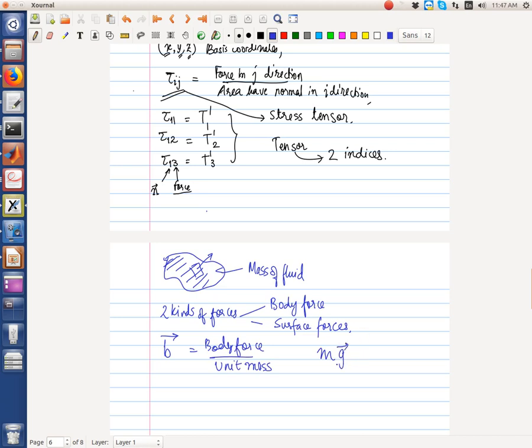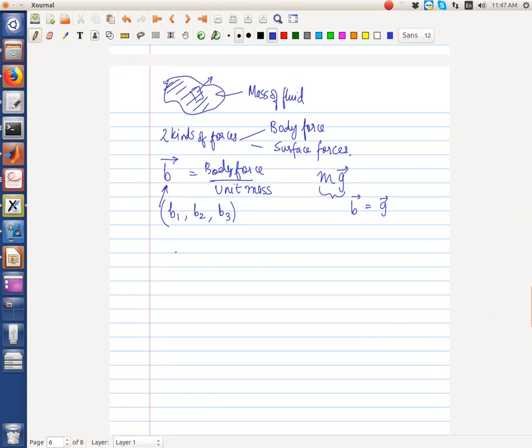So the body force per unit mass in this case will give B vector equal to g vector. If we are given that the body force per unit mass is small b, the components of b are b1 in the x direction, b2 in the y direction, b3 in the z direction.